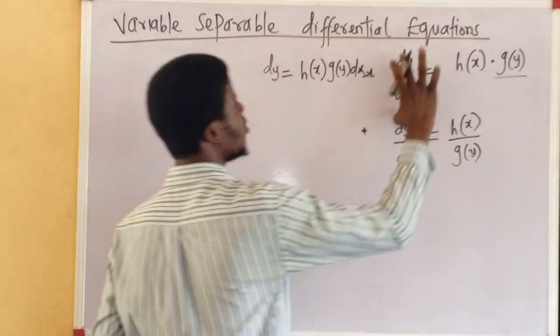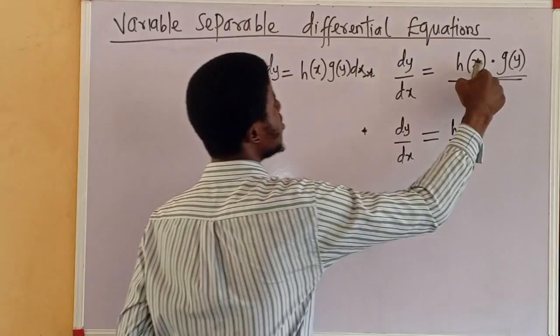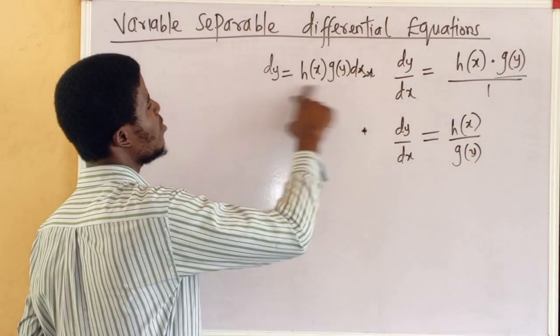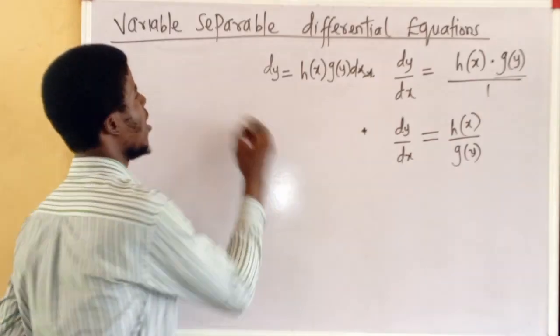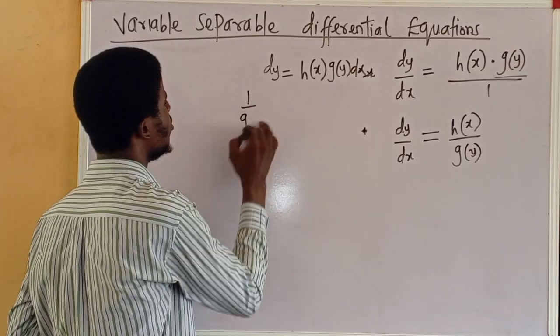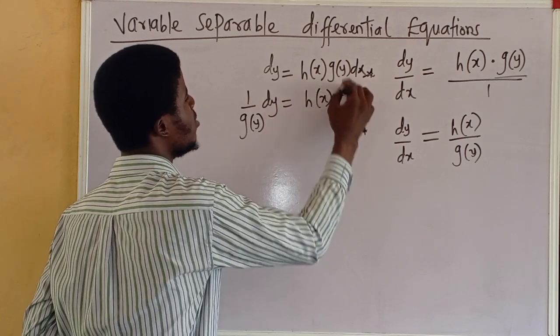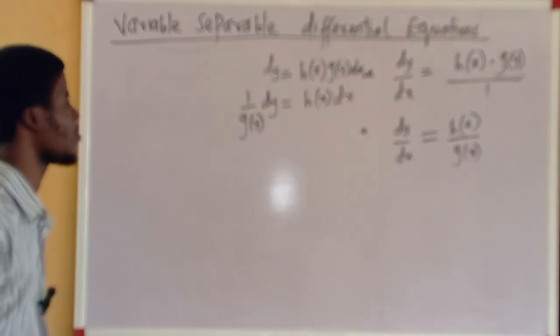Alright, that is, if you cross multiply, over 1, this times this, we obtain this. This times this is this. So if I divide both sides by g of y, I'll have 1 upon g of y dy equal to h of x dx.